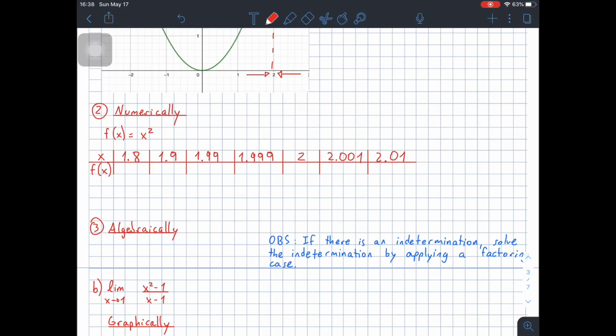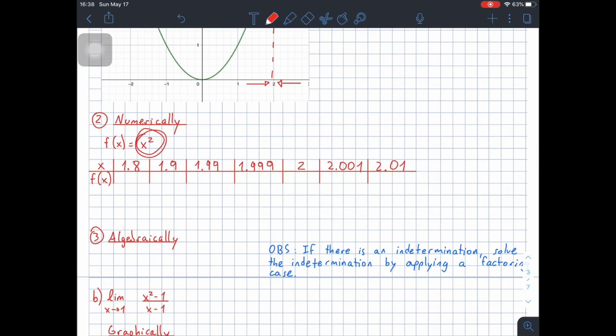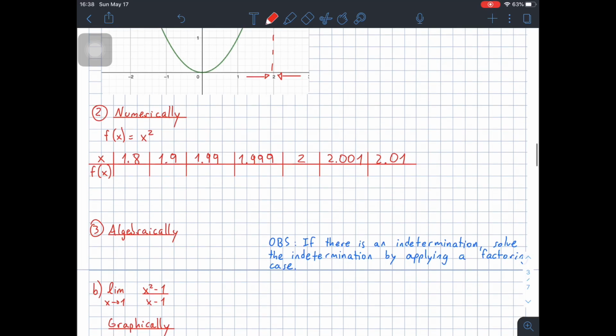Okay. So I need to evaluate this function for all of these values of x. In order to not waste time, you could do this in menu table in your calculators instead of doing it by hand. So if you do that in your calculator, you should be getting these values. For 1.8, this is 3.24. For 1.9, this is 3.61. For 1.99, it's 3.9601.